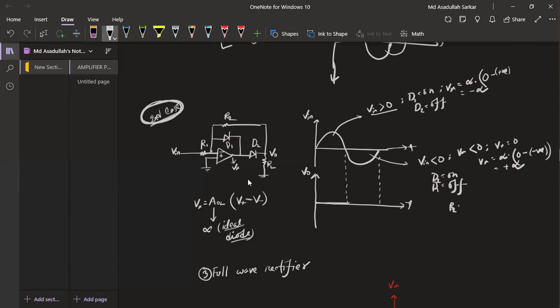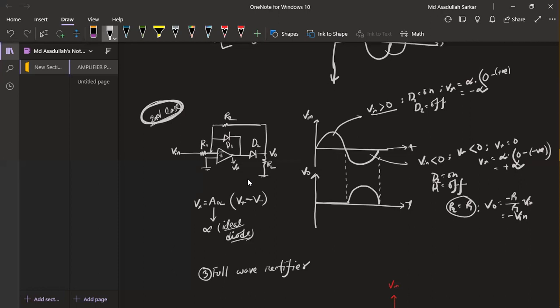If R2 is equal to R1, then V output will be minus R1 by R1 times V input, that means minus V input. So as V input is negative, the V output will be positive.